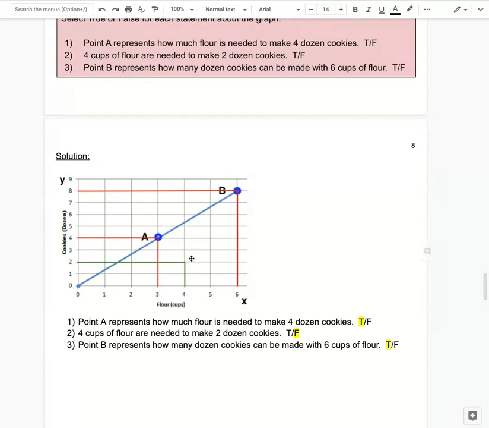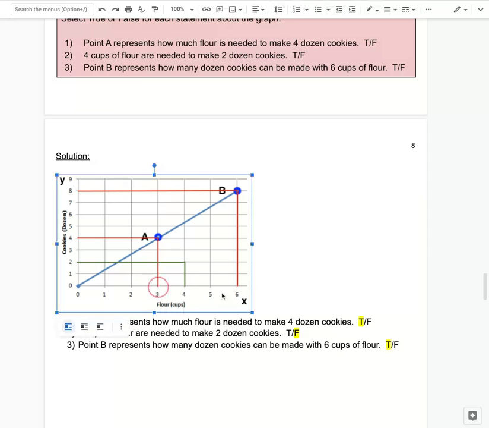The solution. So let's look at statement 1. It says point A represents how much flour is needed to make 4 dozen cookies. So point A is here. With red, I drew a line going down to the x-axis, and we run into 3 cups of flour.